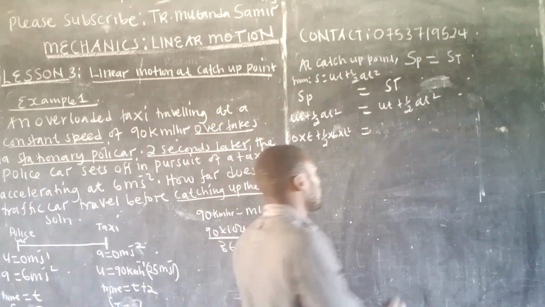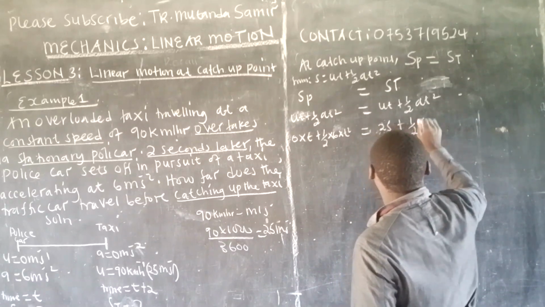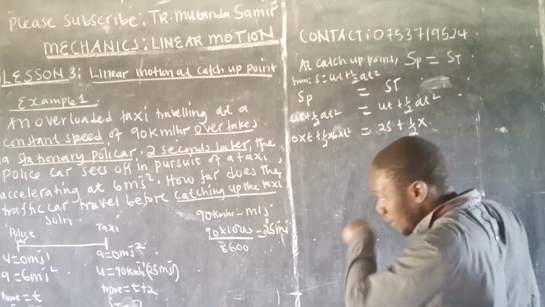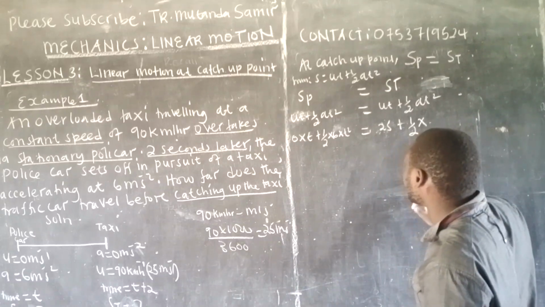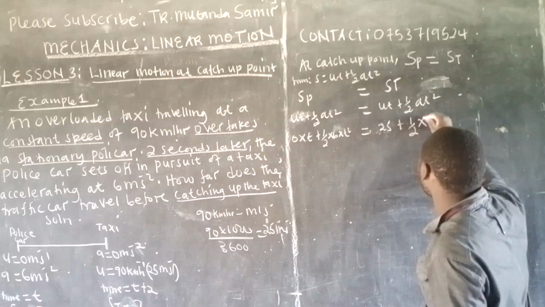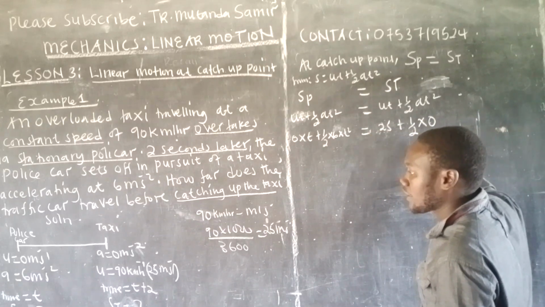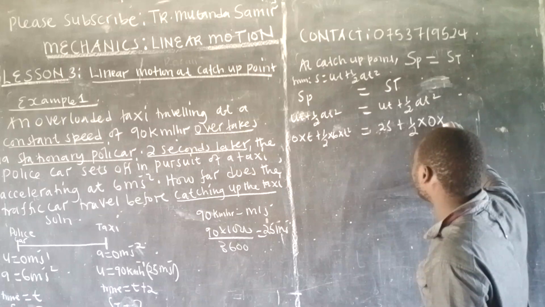So we have 25, so this will be 25 plus a half times, now the acceleration at that level, it is not starting from rest, rather moving at a constant speed. That acceleration is 0 times the T squared.